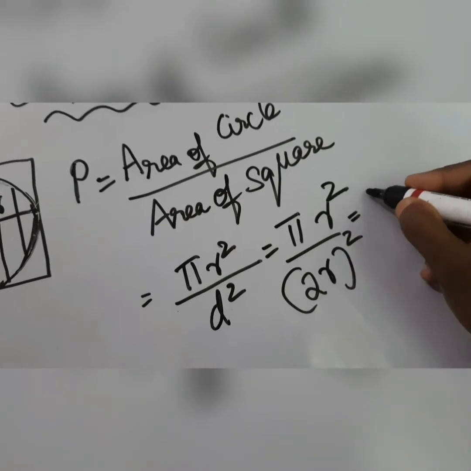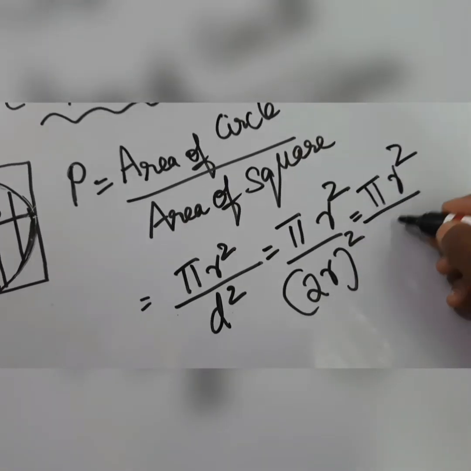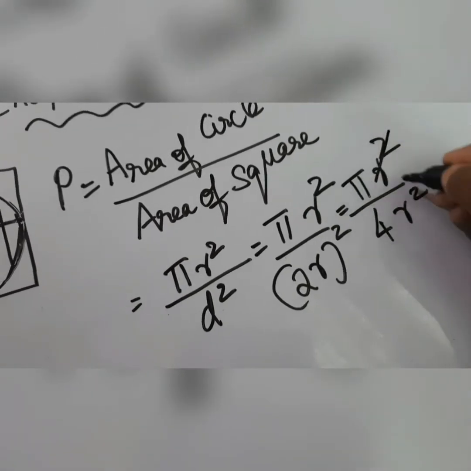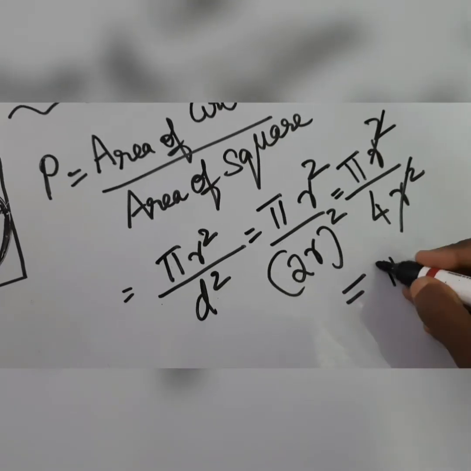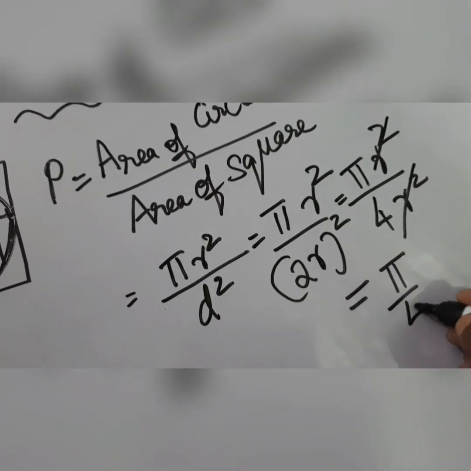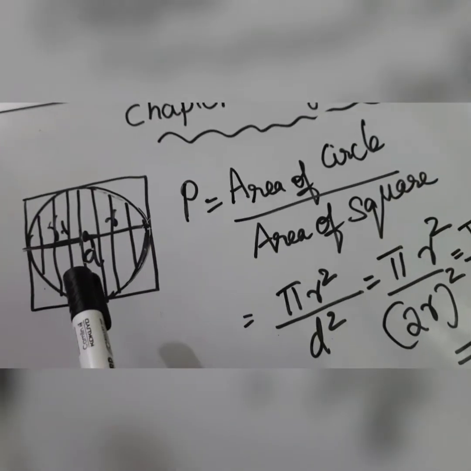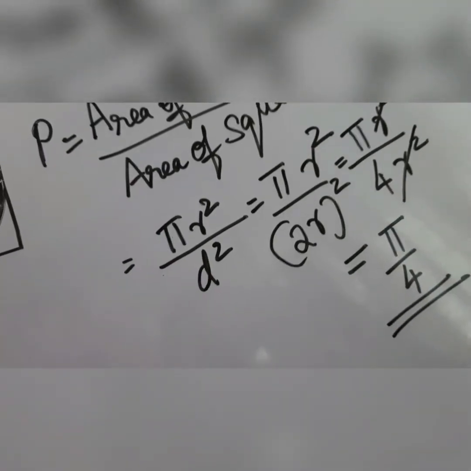That is equal to pi r square divided by 4r square. R square we can cancel. So the probability will come pi upon 4. So probability of the dot lying in the shaded part is pi upon 4.